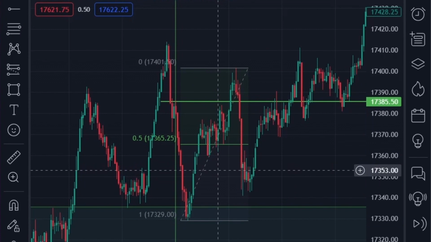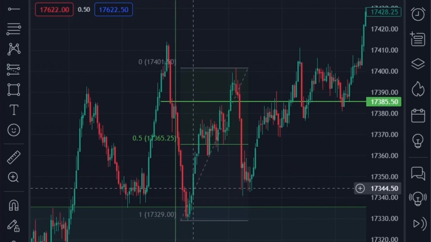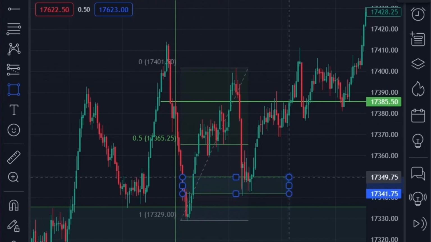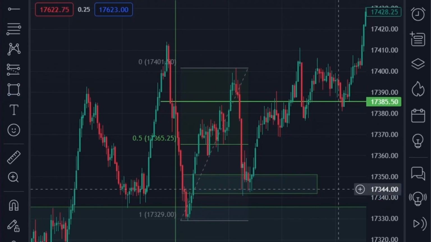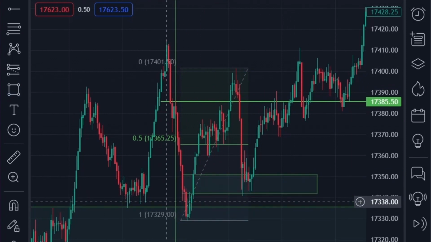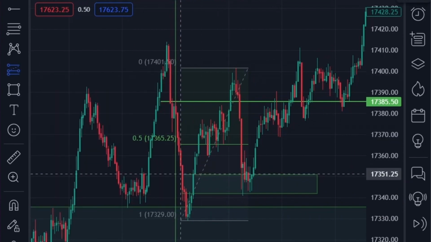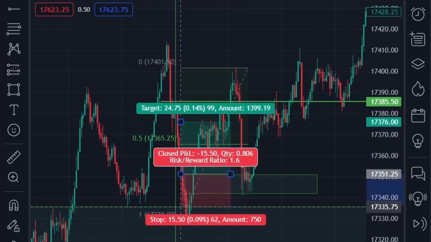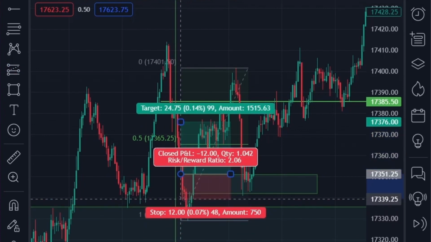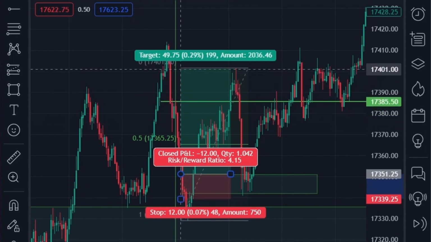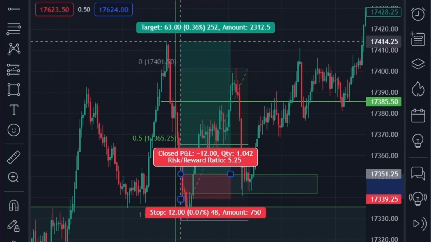You will be taking an entry with the fair value gap in this scenario. And we will be going long here and put our stops below the fair value gap, below this candle. Our take profits will be at the high level, or you could target the next previous level as well.